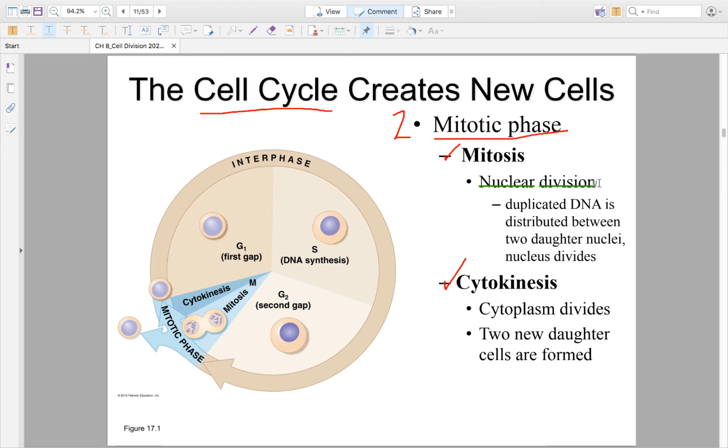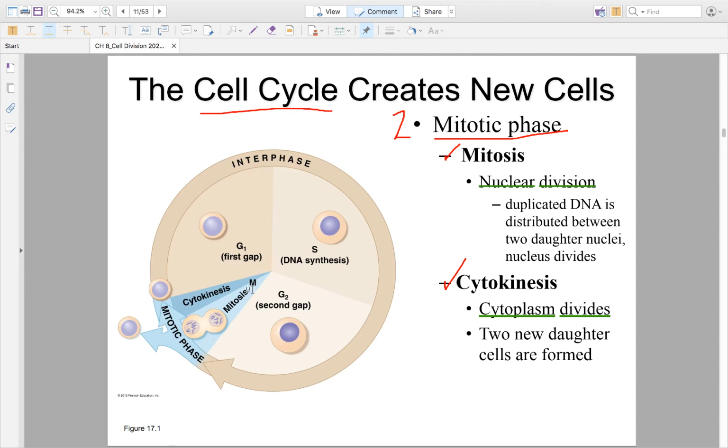Those terms are incredibly important. Mitosis is nuclear division. Cytokinesis is when the cytoplasm divides and finally forms 2 daughter cells, 2 genetically identical daughter cells. But we'll get into the details of that.